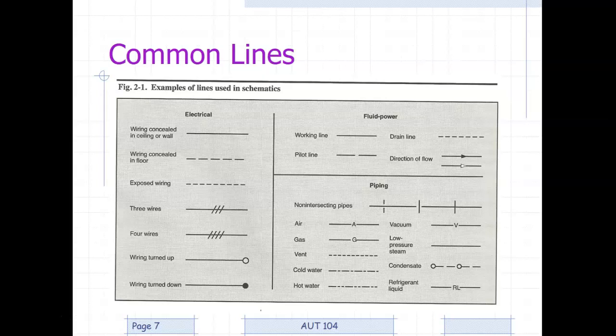All right, so you also have your airline. So piping is used a lot. In this case, they're talking more towards the HVAC side, which is your heating, air conditioning, and such. So you have to have air lines, gas lines, you have a vacuum line, low pressure steam line, vents, cold water, hot water.